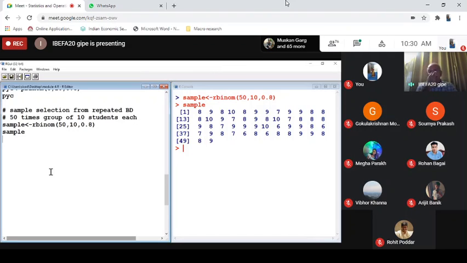So arithmetic mean I can find, sample mean. I can get the average 8.22.